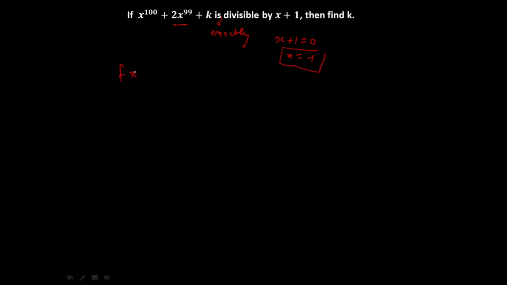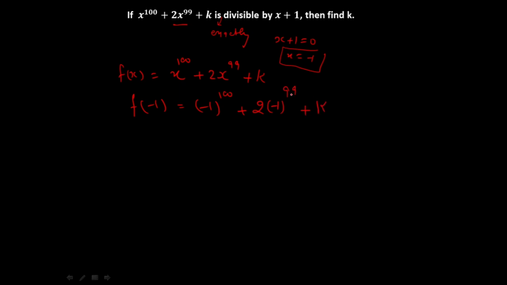I assume f of x is x to the power 100 plus 2x to the power 99 plus k. So replace x by minus 1, and I will get the remainder: 1 plus 2 times minus 1 to the power 99 plus k.